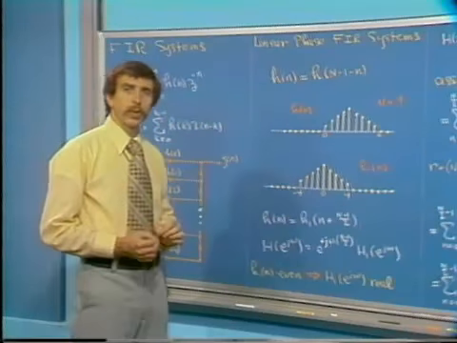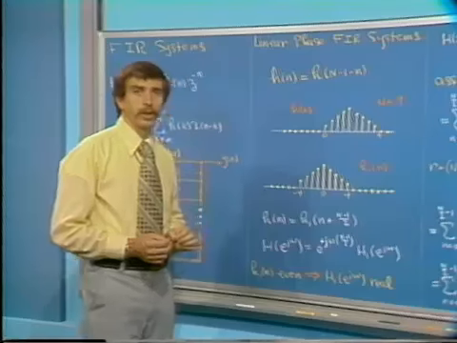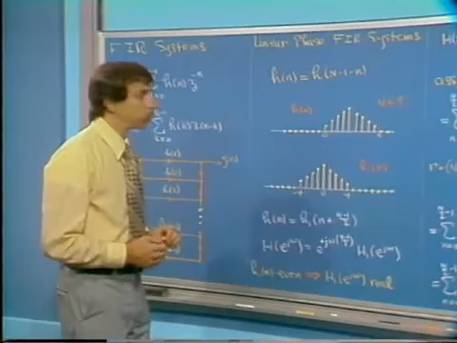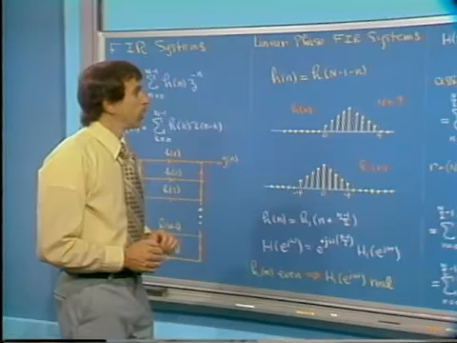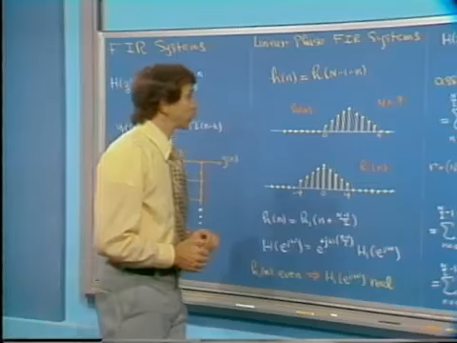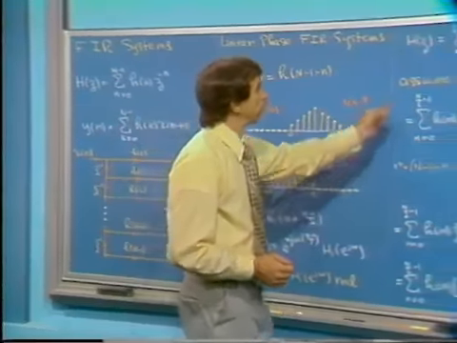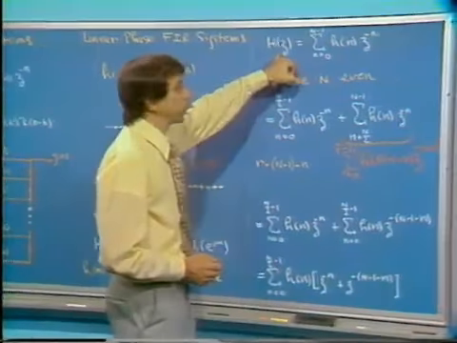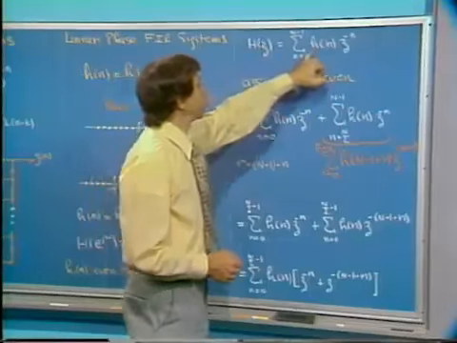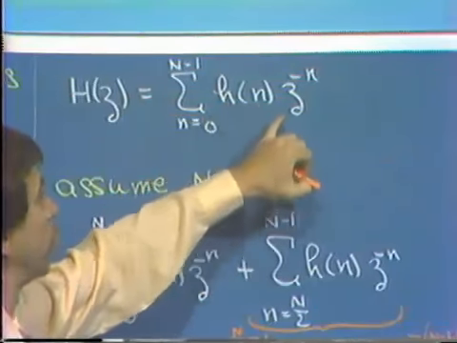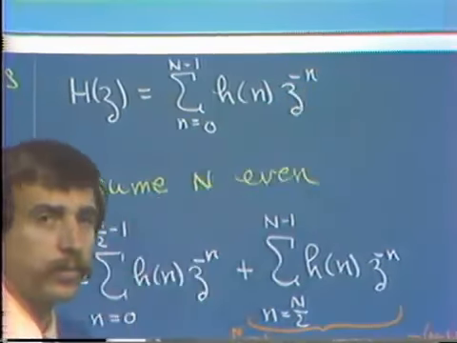Now, how can we exploit this in the implementation of finite impulse response systems? Well, let's look first of all at the general expression for the z transform of the system, h of z given by a sum of h of n, z to the minus n.